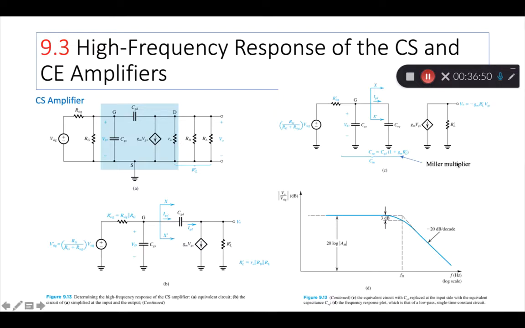The frequencies above the cutoff frequency, and the cutoff frequency here is FH, the high cutoff minus 3 dB frequency. Above that cutoff frequency, the amplifier does not allow the frequencies to pass. That's why we call it a low pass circuit. A low pass allows lower than the cutoff to pass, but higher than the cutoff is not allowed. So that's opposite to the high pass that we saw previously, right? This is a low pass.